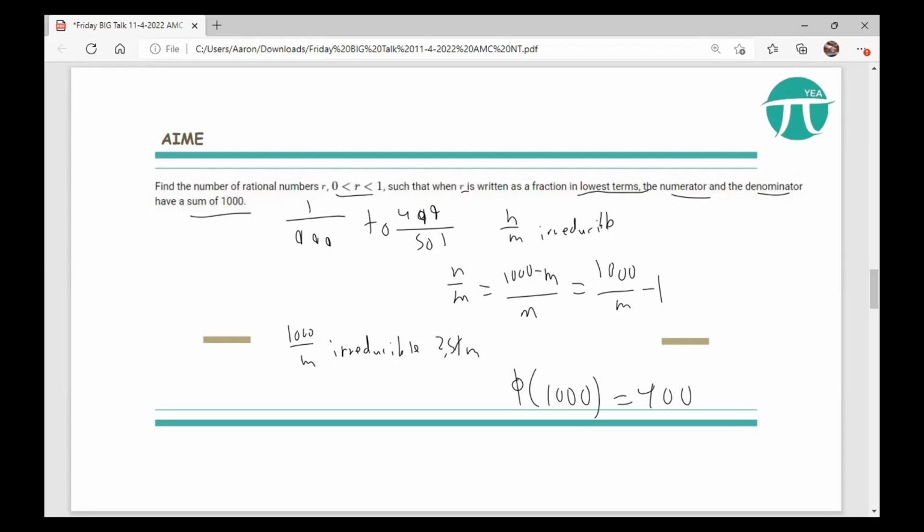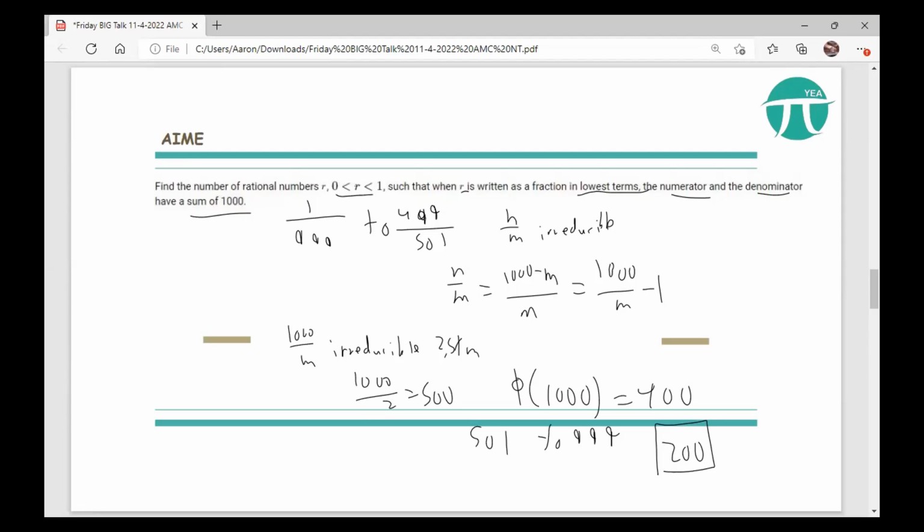But we want the number from 501 to 999, and so we can just directly halve this, and it's 200. The reason this works is because the halfway point of 1000 is 500, which is also divisible by 2 and 5. And so that kind of just works out well.